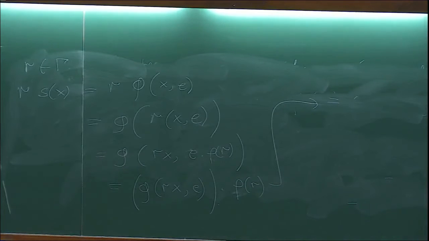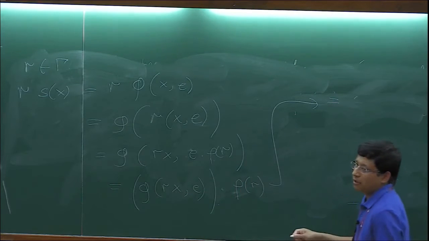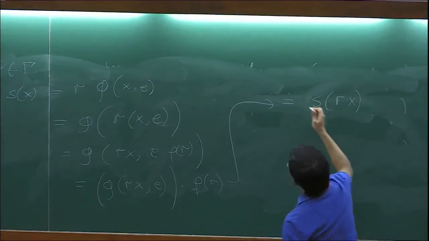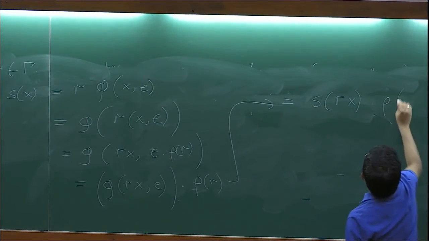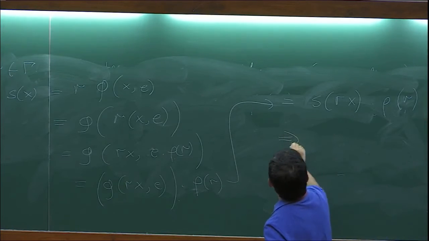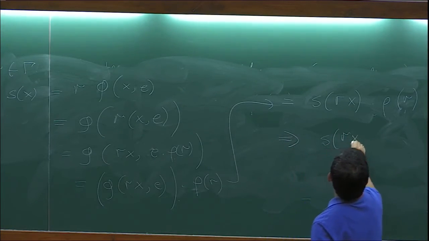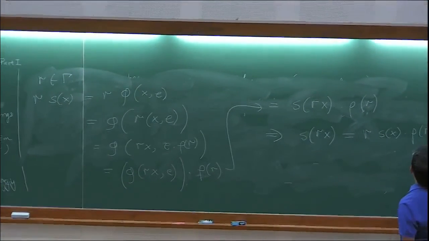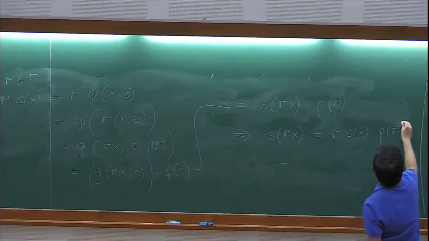Okay. And so what did we have here? By definition, this is the section at gamma x times rho gamma. From this we can see that this calculation implies that S at gamma x is just gamma acting on S of x and then rho gamma inverse.